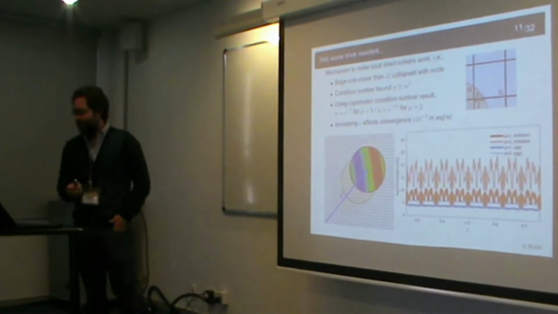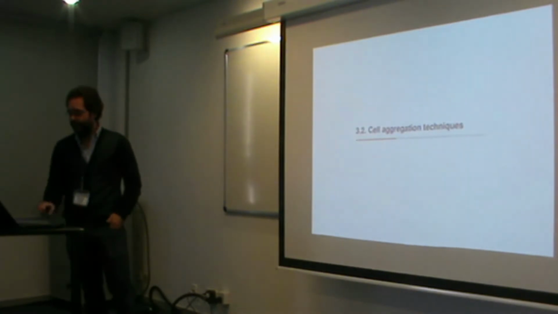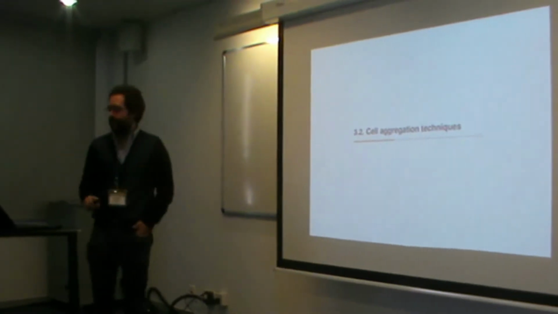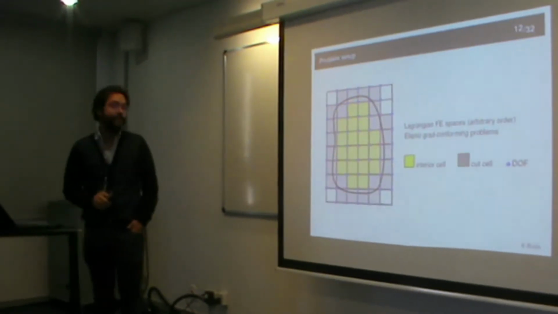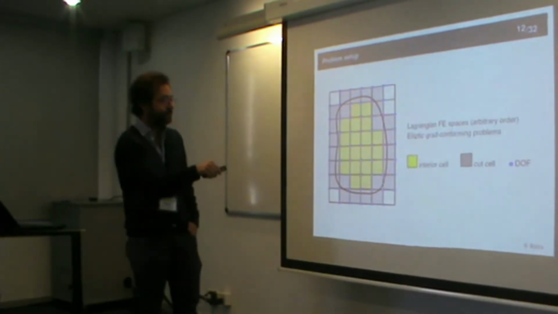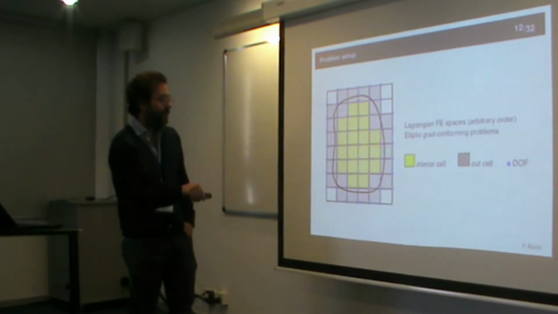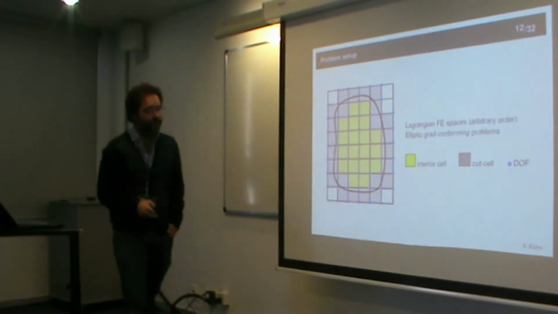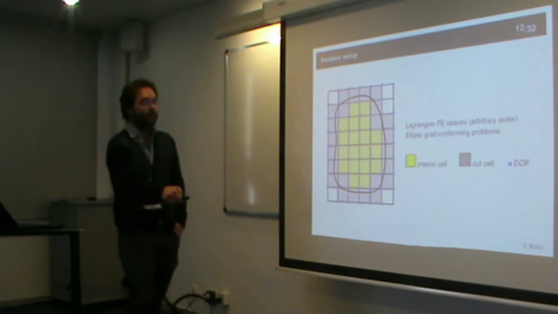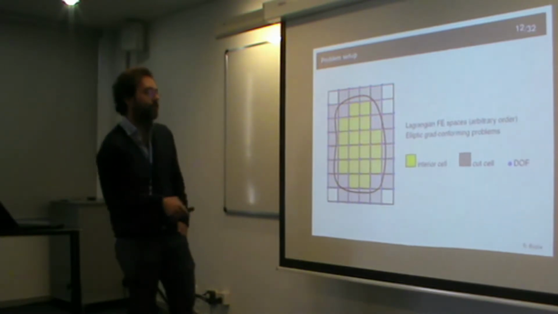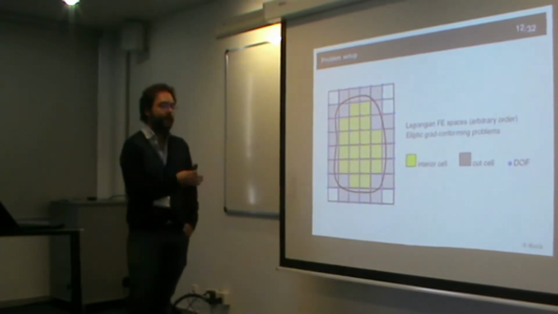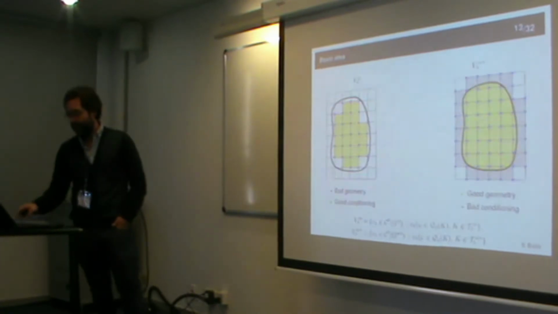Okay, so we said, okay, let's try to do something different, and then we started to use cell aggregation techniques. So here we have the interior cells. We also have the cut cells, the ones that are being cut by the geometry. And here I put the degrees of freedom. This is a first order problem, but everything I'm going to explain here applies for whatever order.